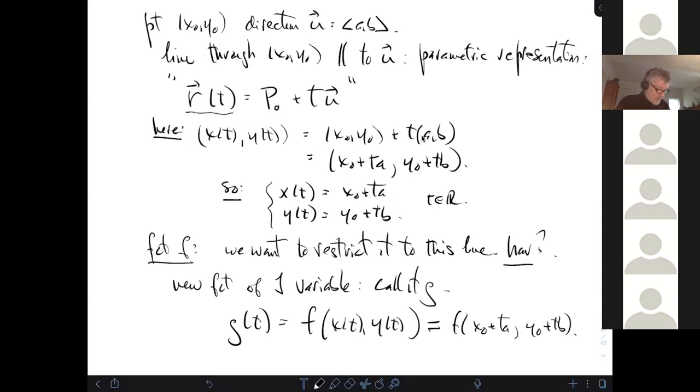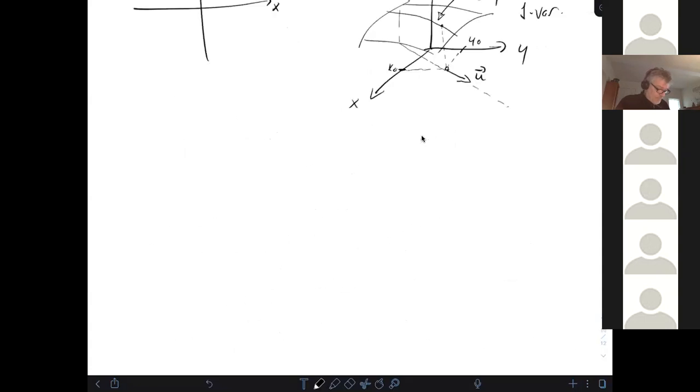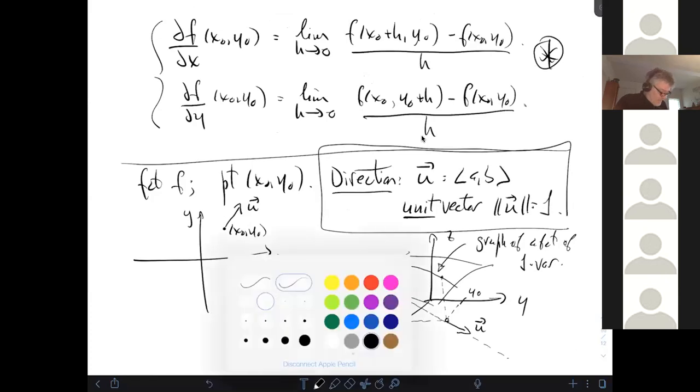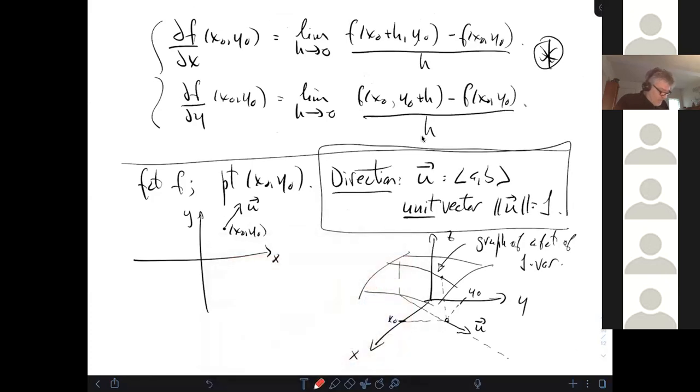Let me just go back. If you look at this, this is the graph. If you slice above the line like that, you get the graph of g. And what I want is the derivative of this function at the point which is here.